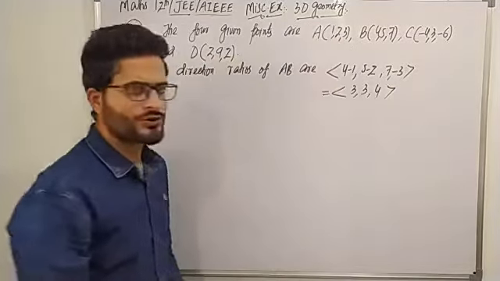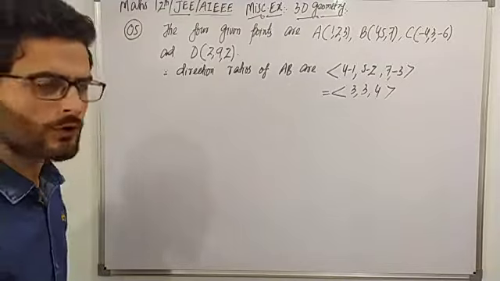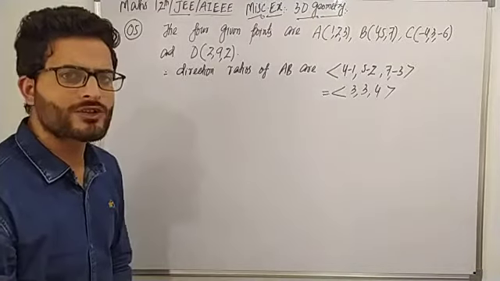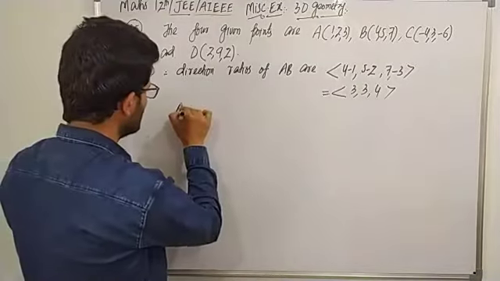So the direction ratios of AB are 3, 3 and 4. Similarly, we can calculate the direction ratios of CD also.